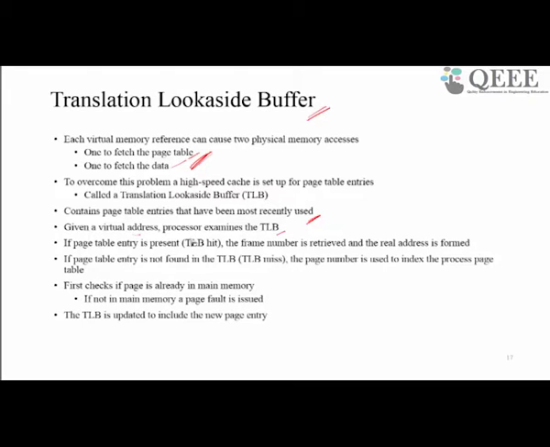So given a virtual address, the processor examines this TLB. If a page table entry is present in the TLB, we say that there is a TLB hit. Then the page frame number is simply retrieved from the TLB and it is concatenated with the word offset to generate the real address, that is the main memory address.